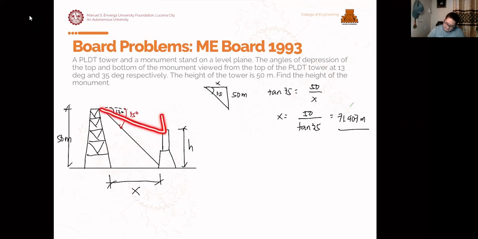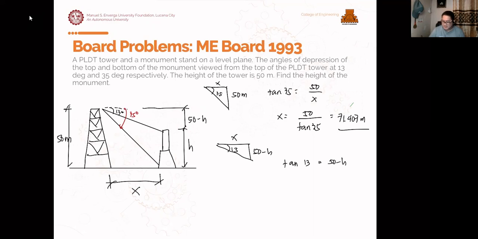Okay? And we will now use the other triangle. So ito, para ma-identify yung h. So mula dito sa projection natin ng tower, no? Ang height na to is equals to 50 minus h. Okay? So yung isang triangle natin will be this one, 50 minus h, and then this will be 13, and then ito yung value ng x natin. So same function tayo. Tangent of 13 degrees will be equals to 50 minus h all over x.